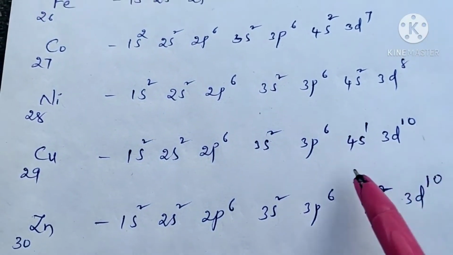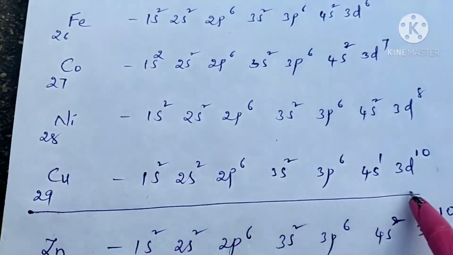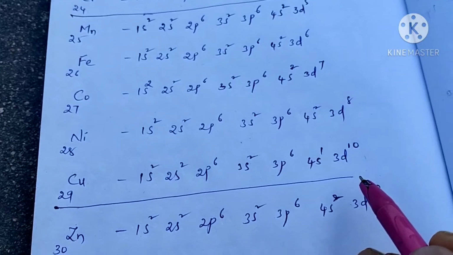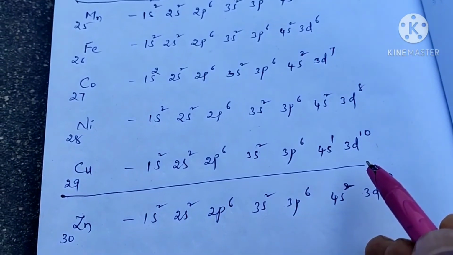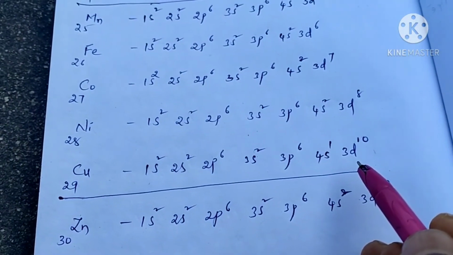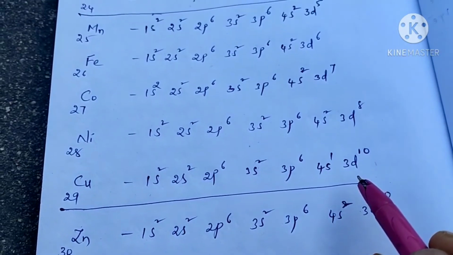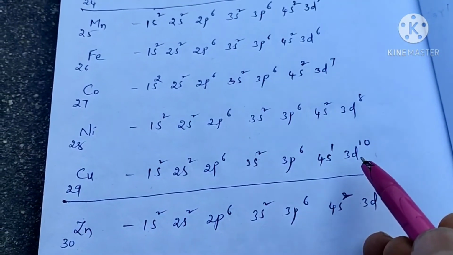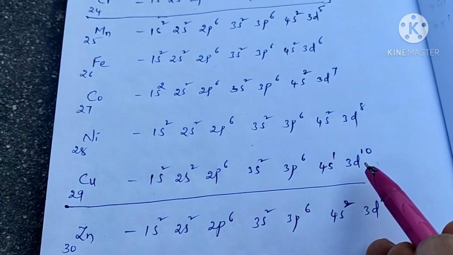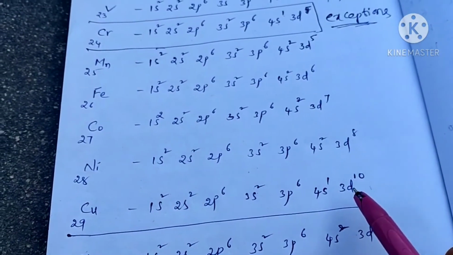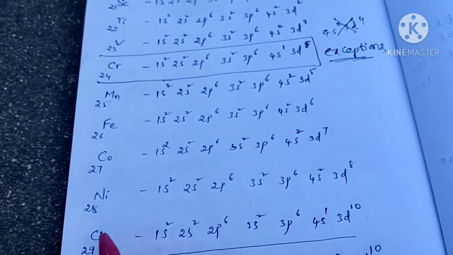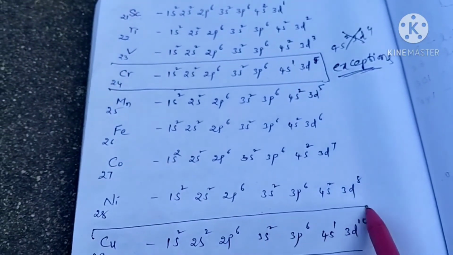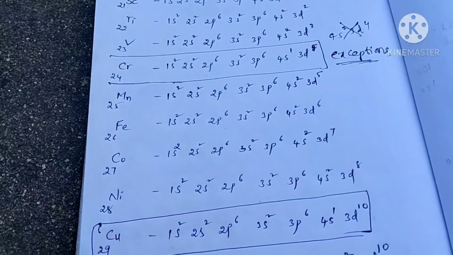Copper 29, the next element. Next element is copper. It also has some exceptions. So the configuration becomes 4s1 3d10 like chromium. So up to 30 we have these two elements, copper and chromium.